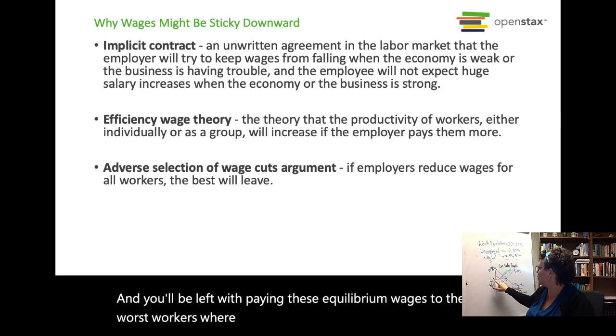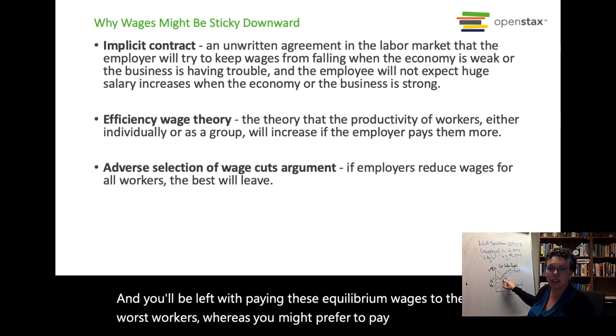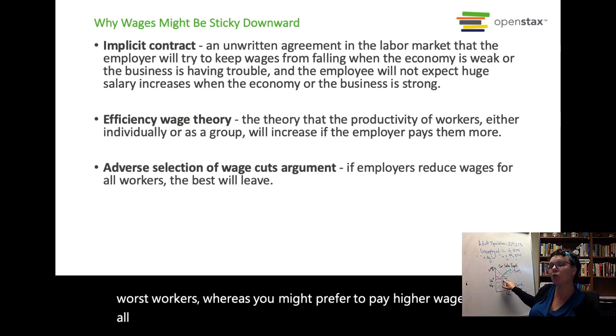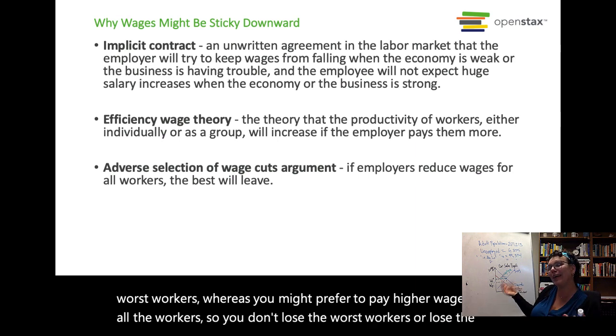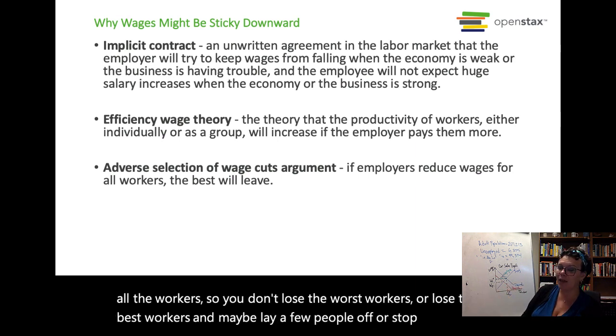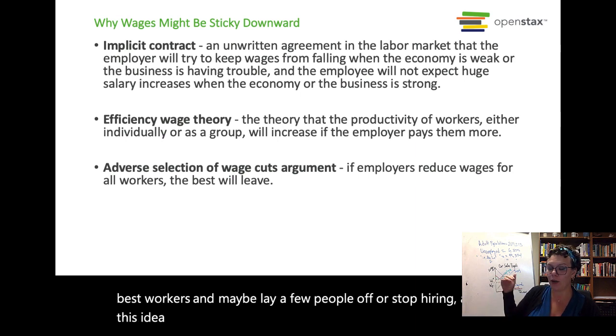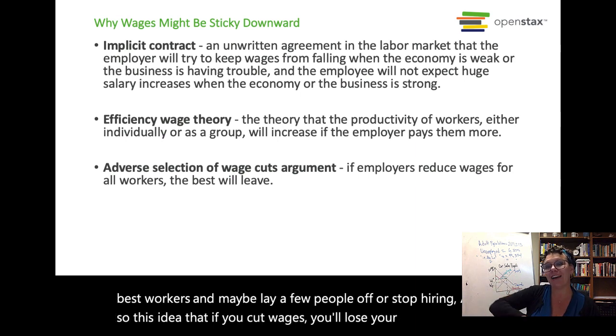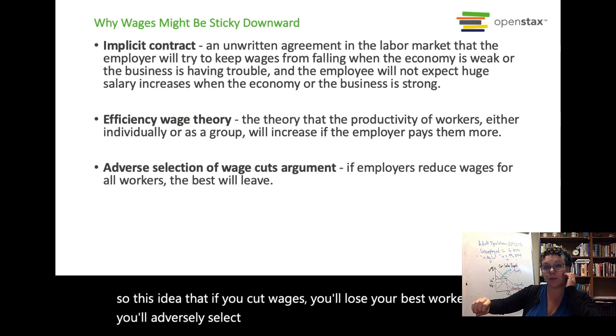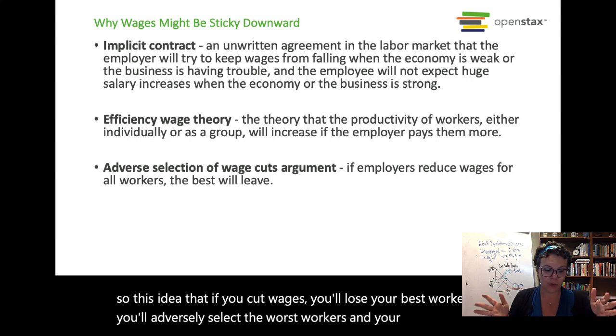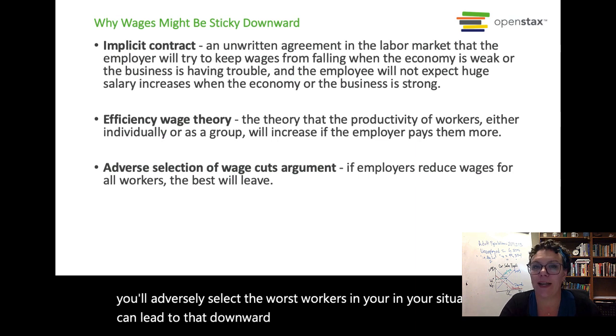Whereas you might prefer to pay higher wages to all the workers so you don't lose the best workers and maybe lay a few people off or stop hiring. And so this idea that if you cut wages, you'll lose your best workers, you'll adversely select the worst workers in your situation can lead to that downward stickiness of wages.